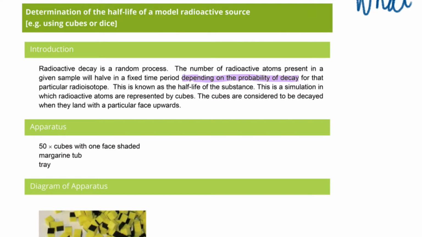It says radioactive decay is a random process. The number of radioactive atoms present in a given sample will halve in a fixed time period, depending on the probability of decay. Now that's what I want you to think about. The probability of decay for a coin for each throw is half, or 0.5.